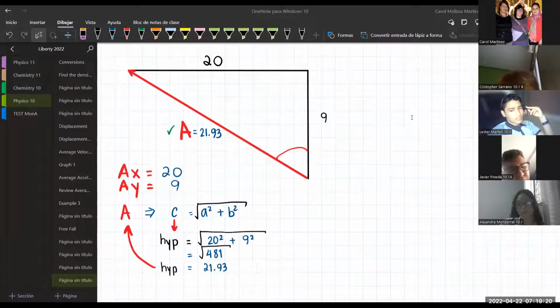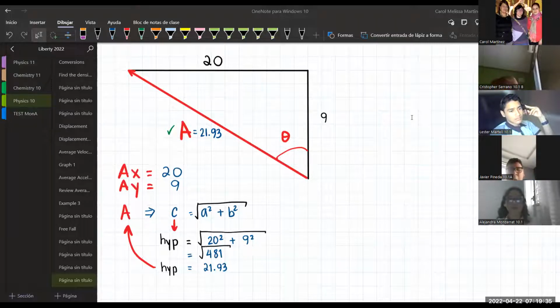Okay. Now, this is the angle that I have. And I want you guys to help me see what is my opposite side to my angle and what is my adjacent side to the angle?